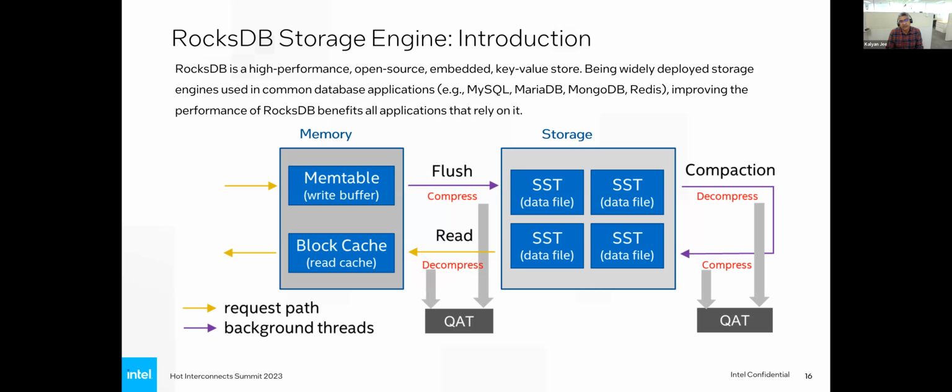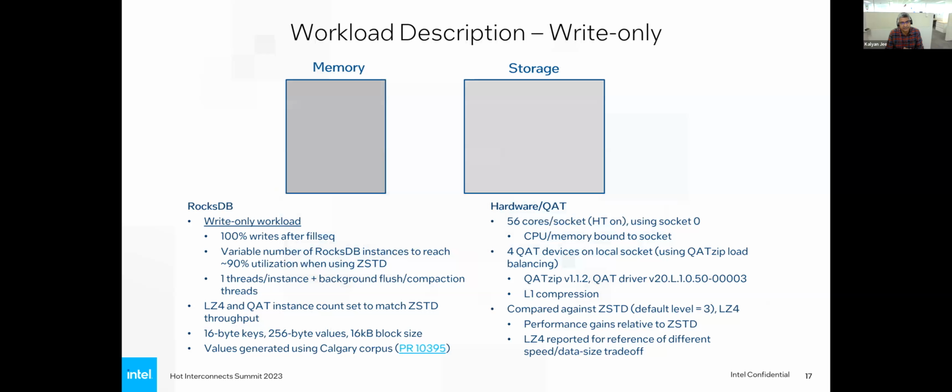So in the whole process, there are multiple compressions and decompressions happening, and in all these positions, QAT comes in handy. Whether compressing from memory to storage, doing compaction within storage, or decompressing from SSD to block, QAT as an accelerator is available within the CPU die, not going anywhere else, to offload this feature so that the CPU is free to do other work. This is a typical flow, and many use cases follow the same flow. The idea was to show an example of that nature.